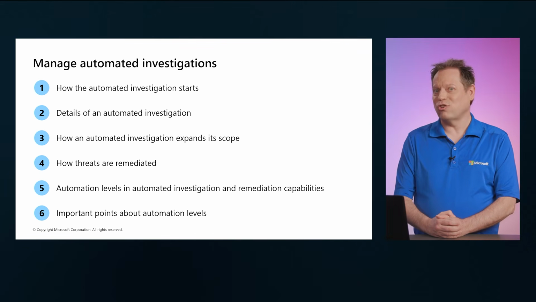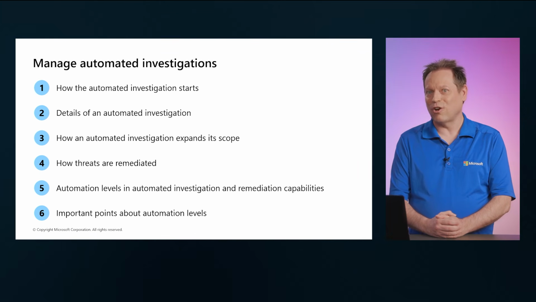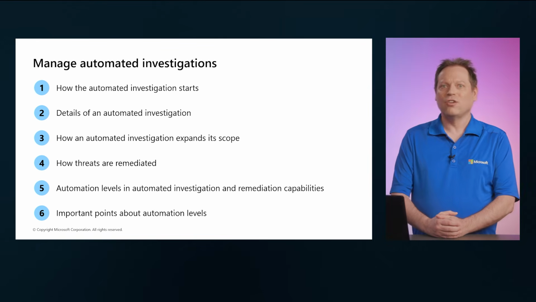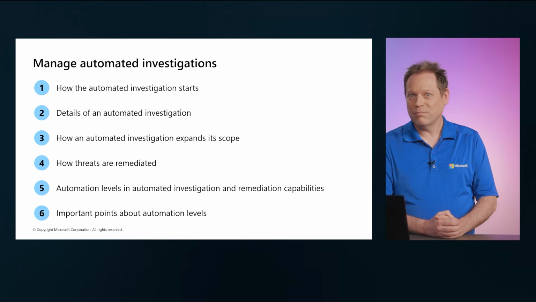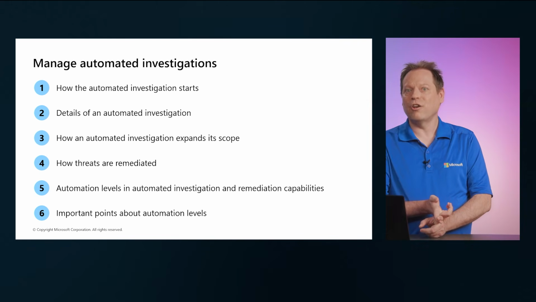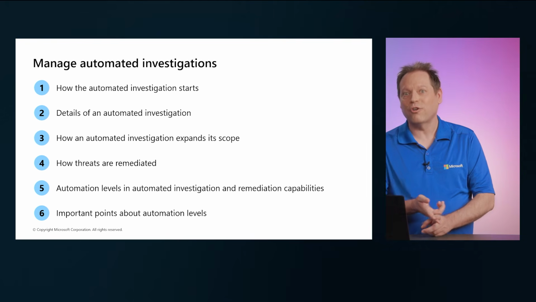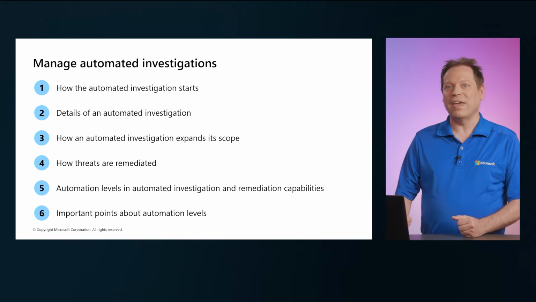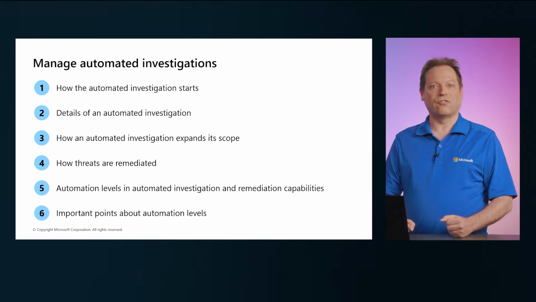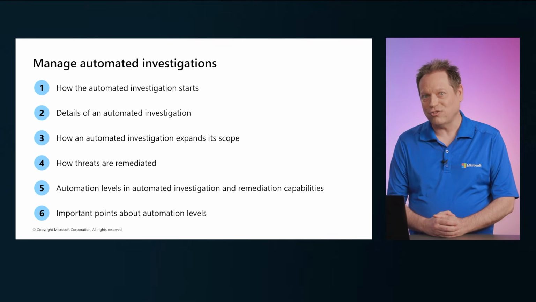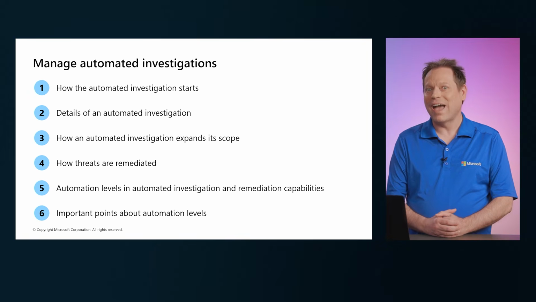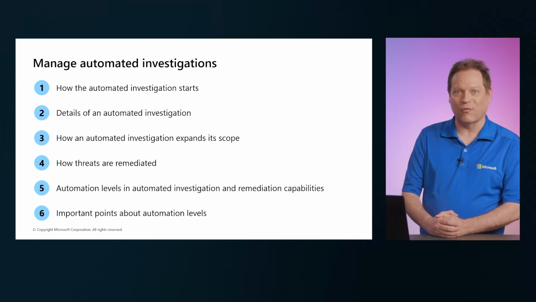Automated investigations are a major way Defender XDR scales response. To manage them effectively, you'll want to understand a few things. How an automated investigation starts, often triggered by a specific alert or suspicious behavior, what details are captured during the investigation, and how the investigation can expand its scope as new evidence is discovered.